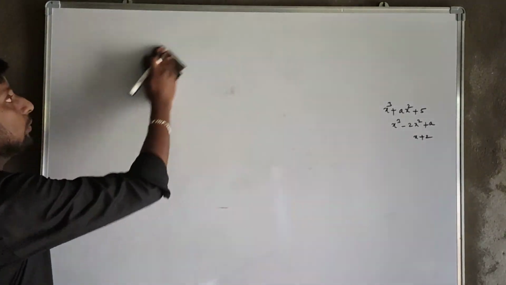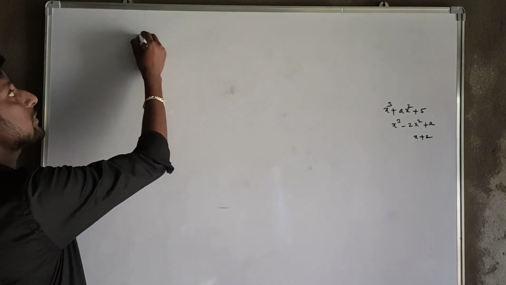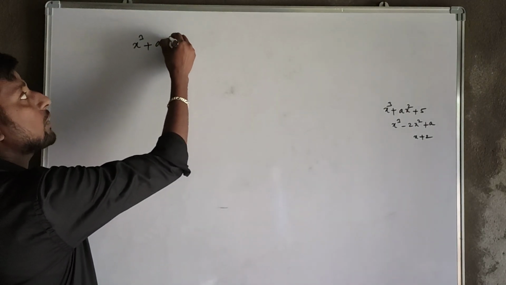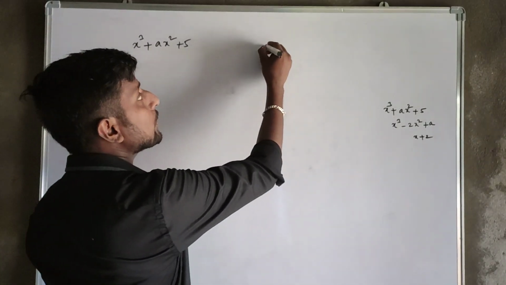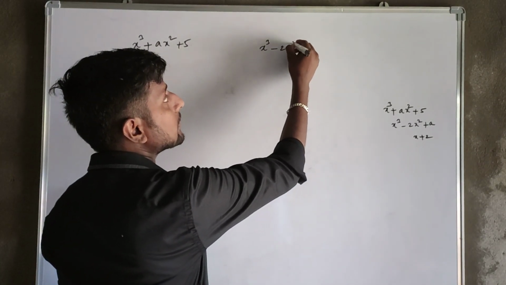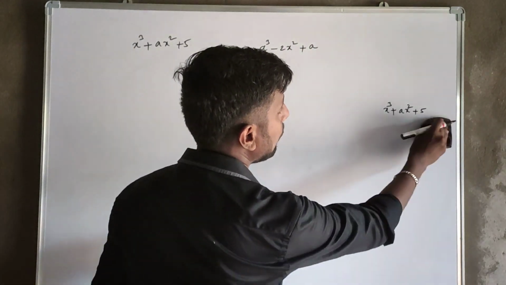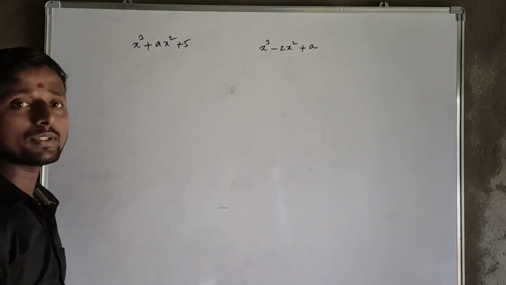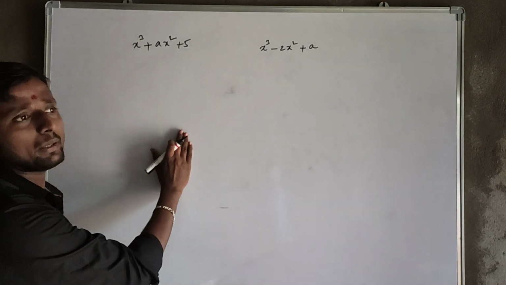Okay. So here two polynomials are given. One is x cube plus a x square plus 5. And one more: x cube minus 2x square plus a. Now what is the divisor here? x plus 2 is the divisor. But when we have one polynomial, I have taken P of x.